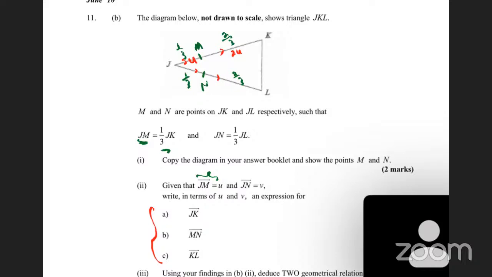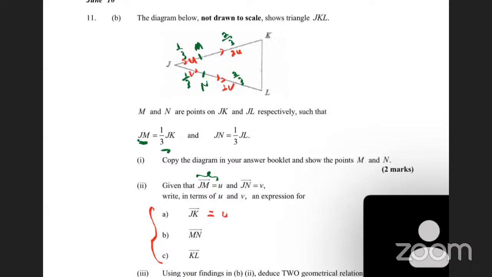All right, let's check up on your diagram. JN is V. JN here is V. So that means NL will be 2V. So you'll have JK already. JK is the easiest one. We kind of did it.